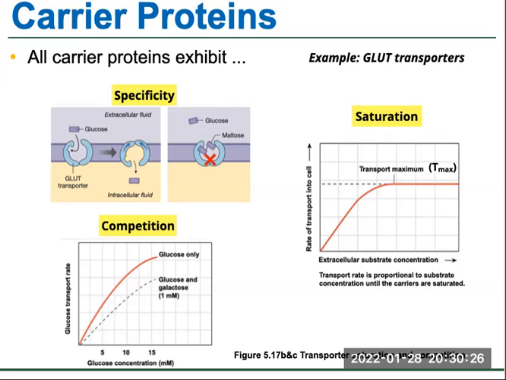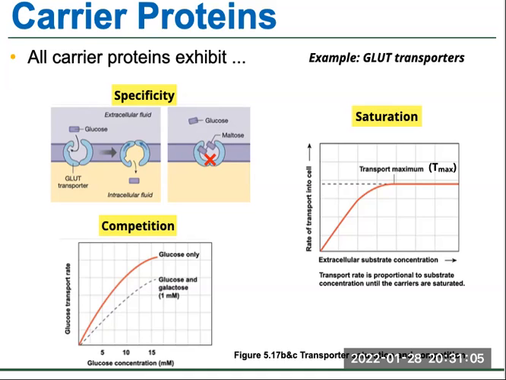That includes glucose, mannose, galactose, fructose, etc. These transporters have binding sites that are able to recognize and bind hexoses, but they will not bind to or transport other molecules, even disaccharides like maltose. So that's specificity.